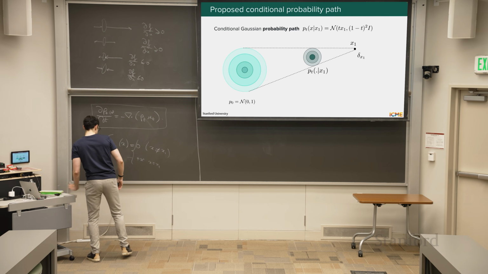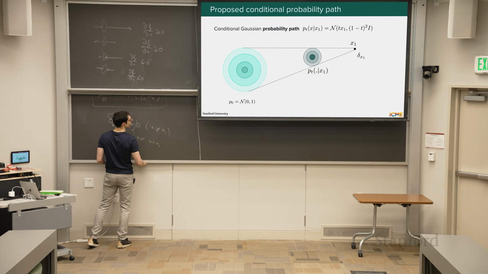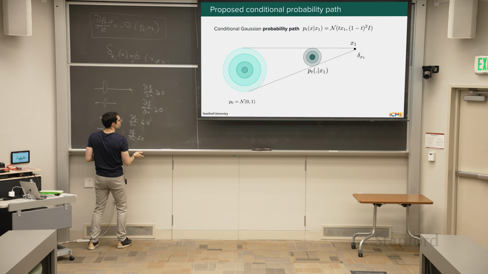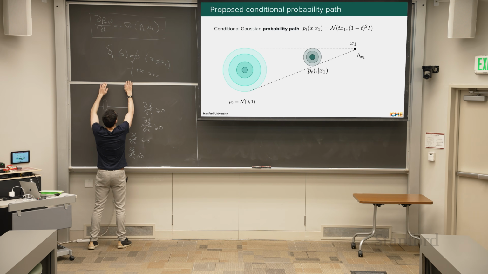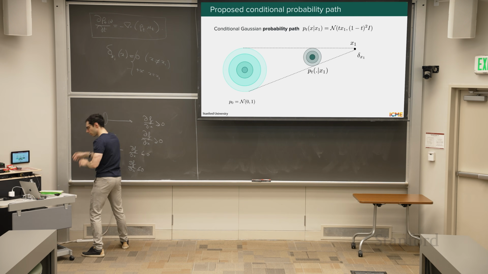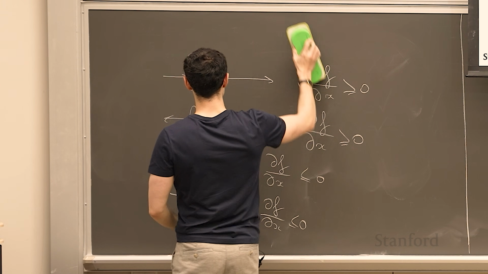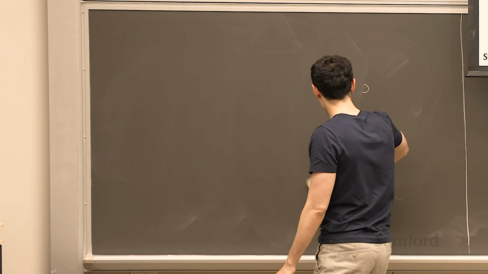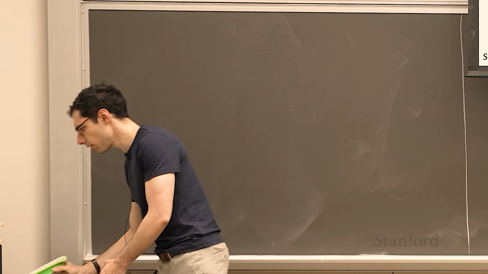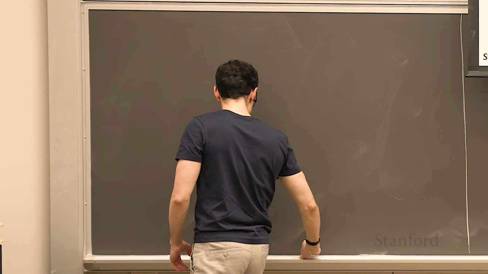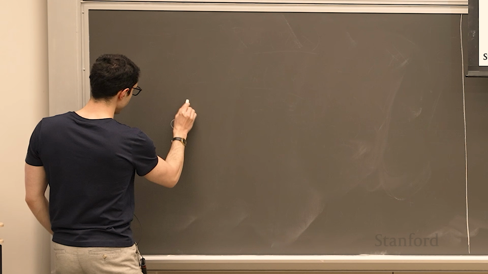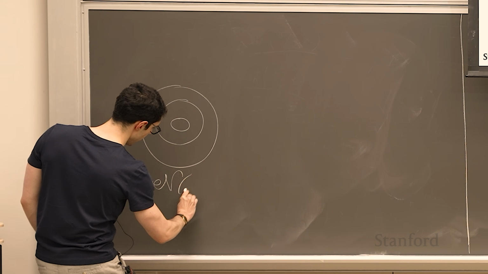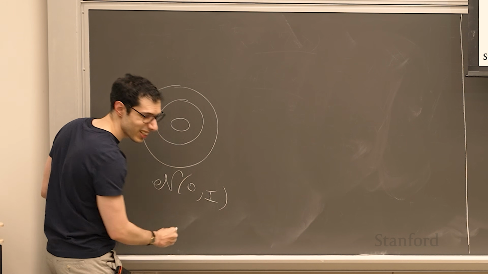So let me tell you why that is the case. What I'm saying here is that I'm proposing a way for us to go from the normal distribution, that is this one, of mean 0 and variance the identity.